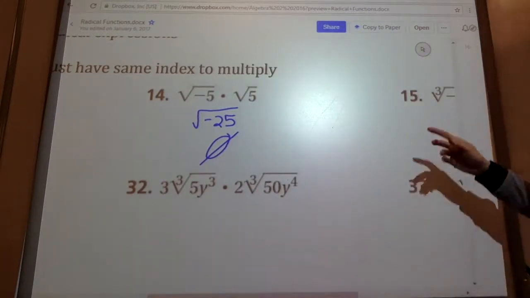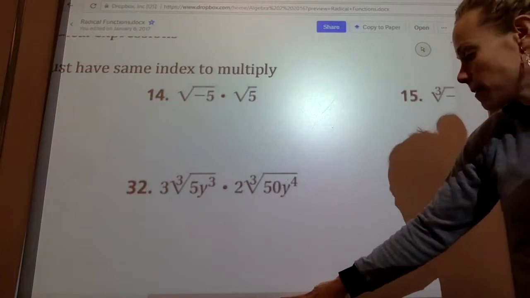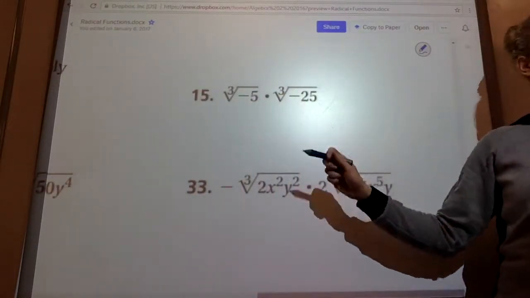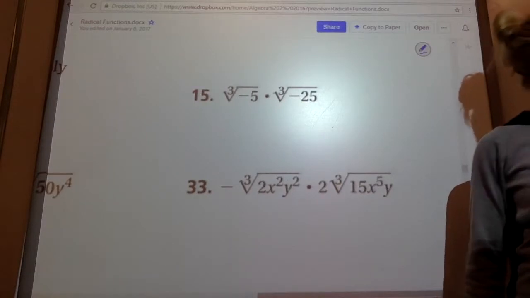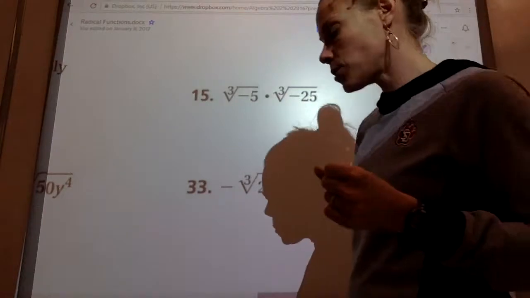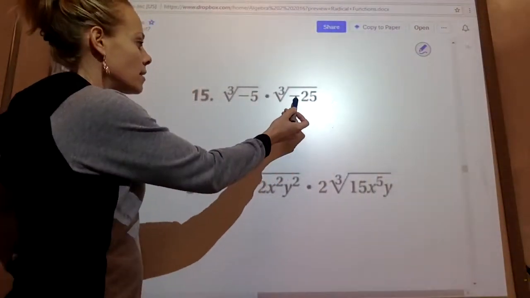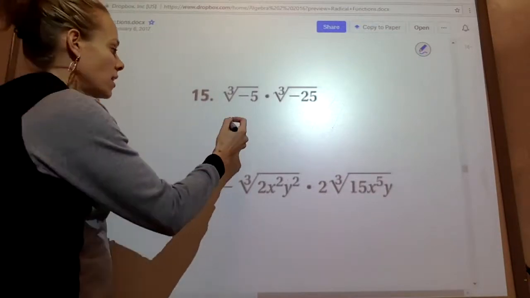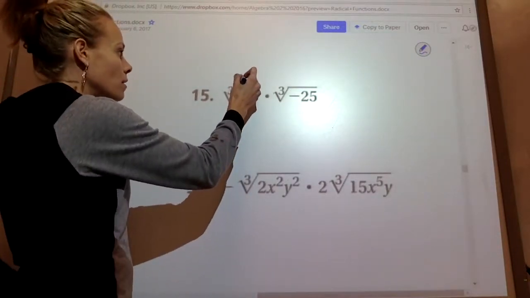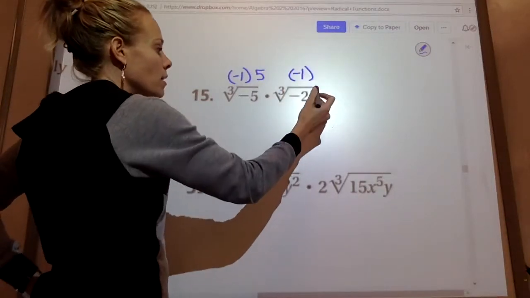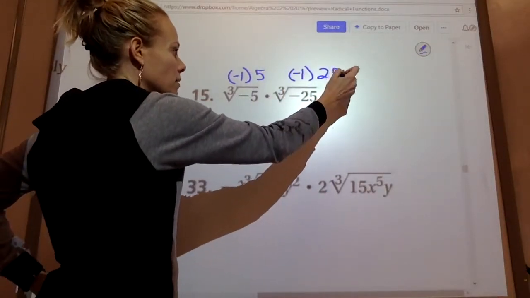Okay? And then another example I want to show you is when you have negatives with odd indexes. Yes, you can have negatives with odd. That's okay. But what we need to do is consider this negative to be a negative 1. So it's going to look like this. This would be a negative 1 times 5, and this is going to be a negative 1 times 25.